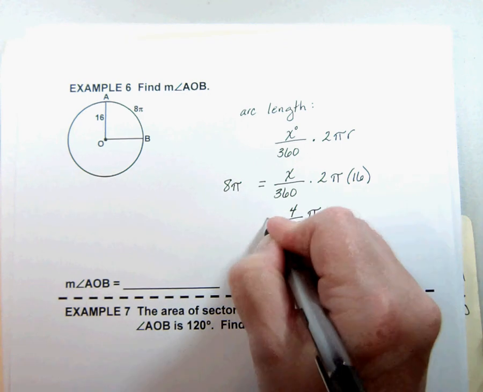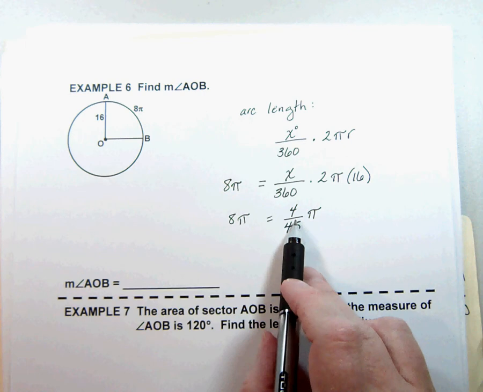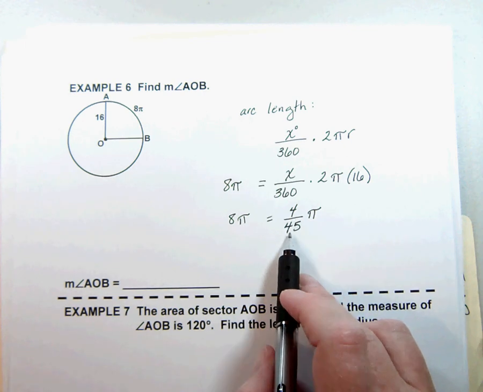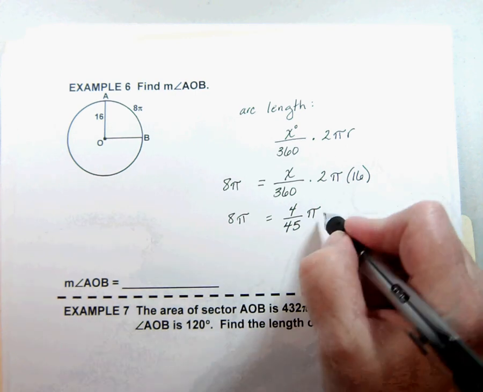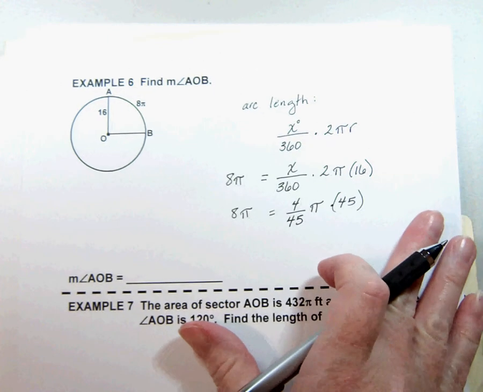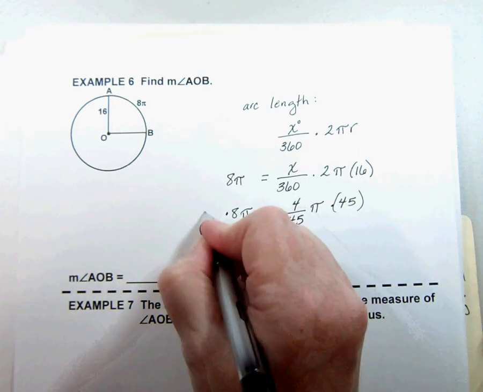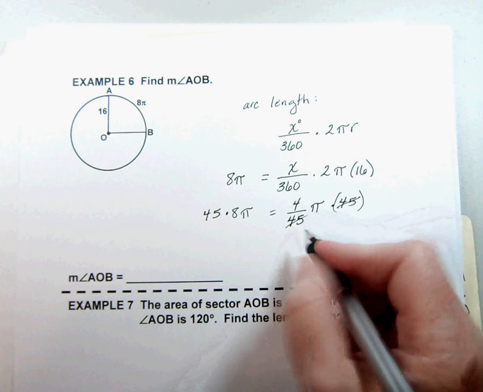Okay, what you're going to have to do on this one is, let me think for a minute. Yeah, let's multiply the 45 on both sides. Oops, sorry. So the 45's cancel out here and you get 4 pi.